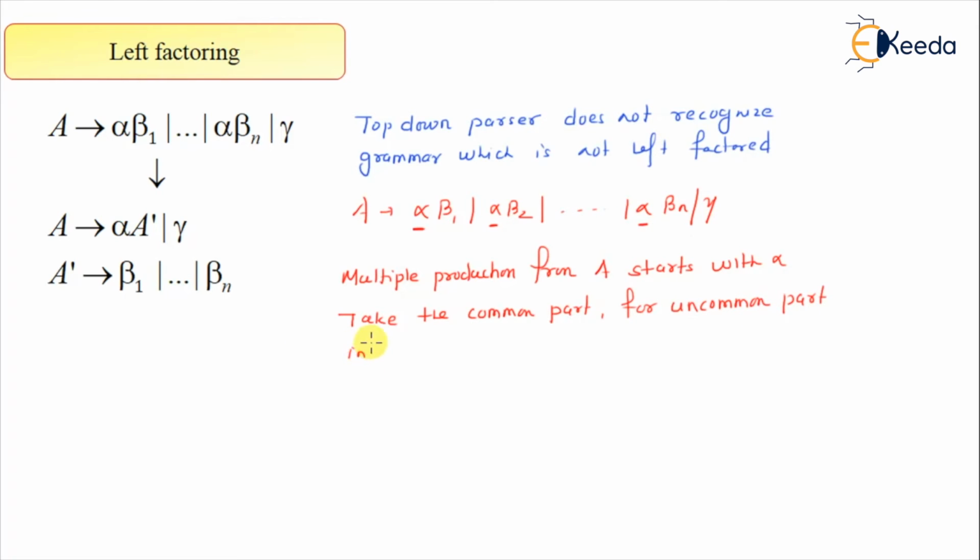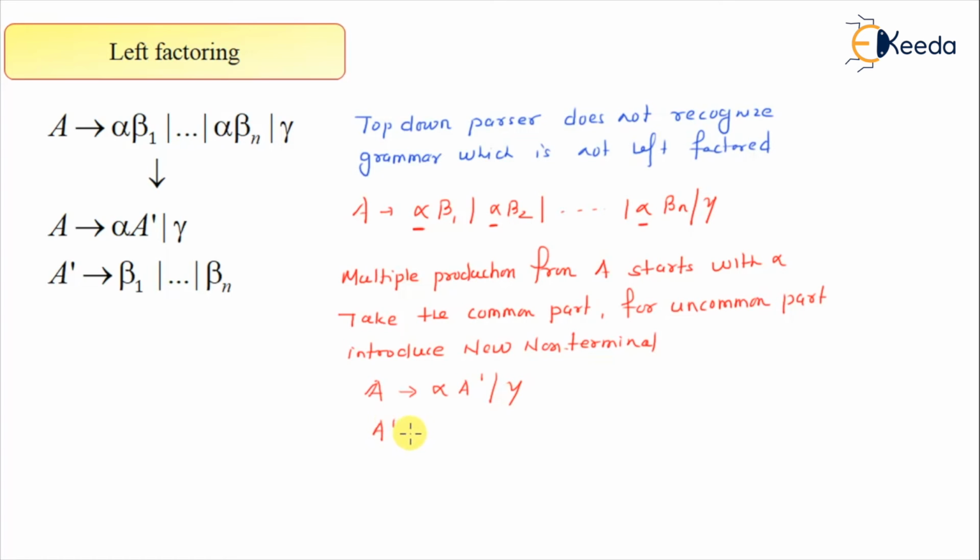and for the uncommon part introduce a new non-terminal. Okay, so what we'll do here is that we'll take A and we'll take the common part alpha, and for all the rest of them we'll introduce the new non-terminal A dash, and let the gamma be as it is.